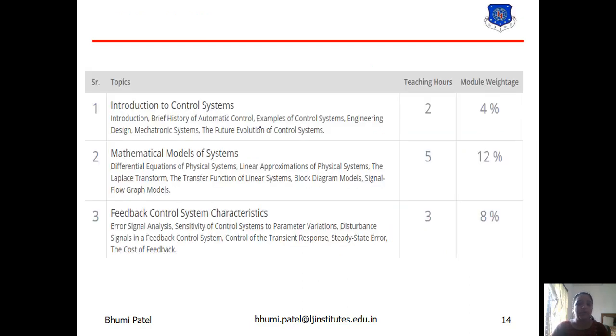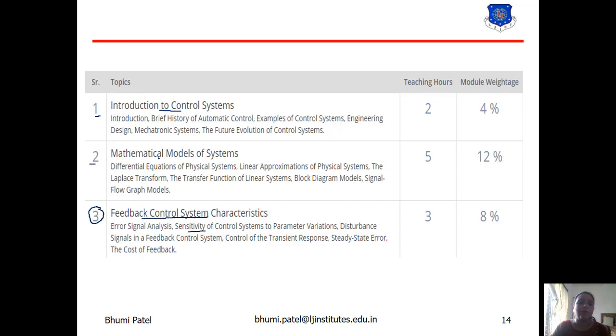So this is our third chapter of your syllabus, feedback control system characteristics, where we define the sensitivity of the control system for different parameter variations. Up to now we have completed three chapters of your syllabus. Chapter number 1, introduction to control system.